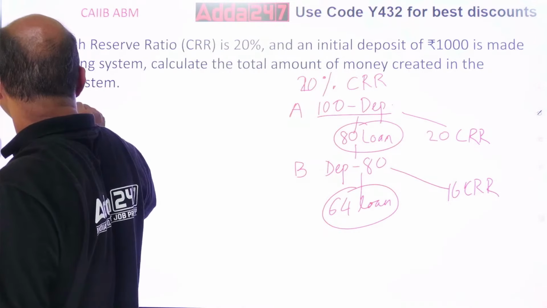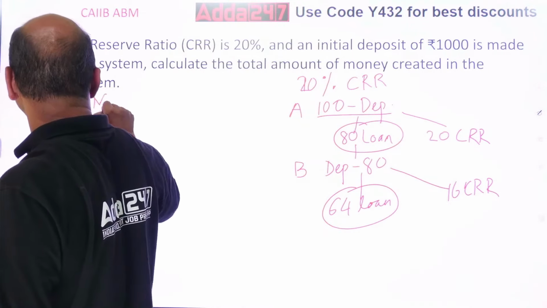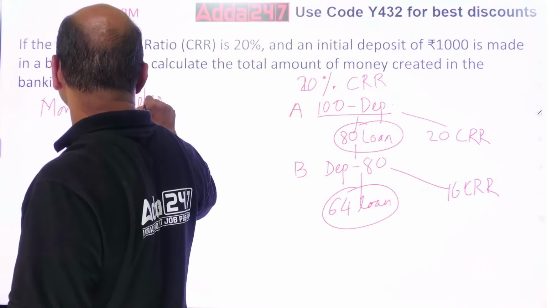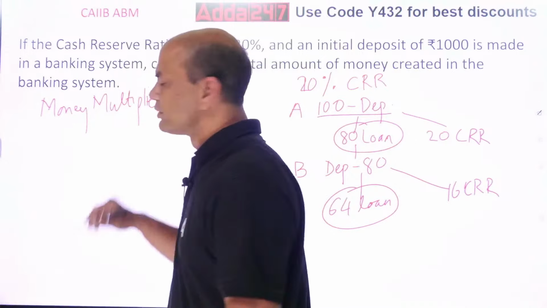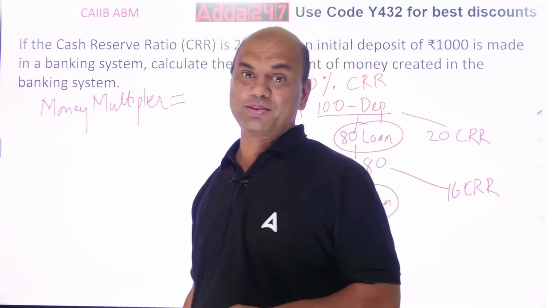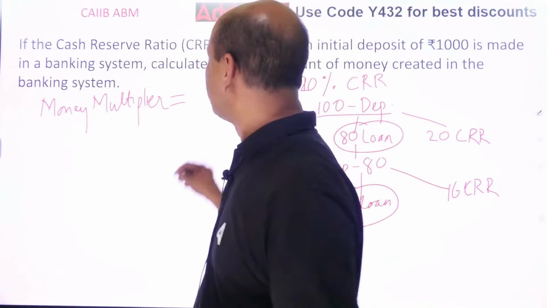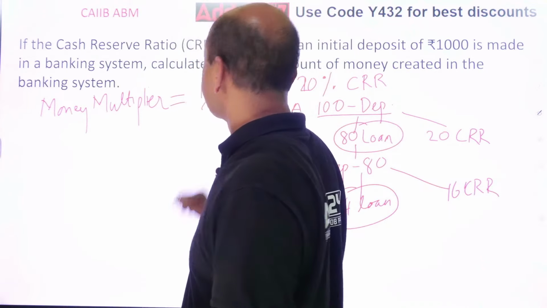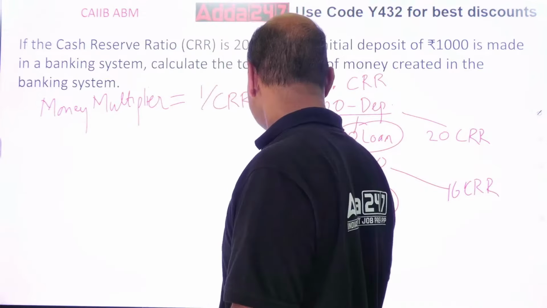Understand the money multiplier. This term is very important for you in BFM also, in ABM also. Remember this: the money multiplier equals 1 upon CRR. The CRR given is 20%, so 0.2.